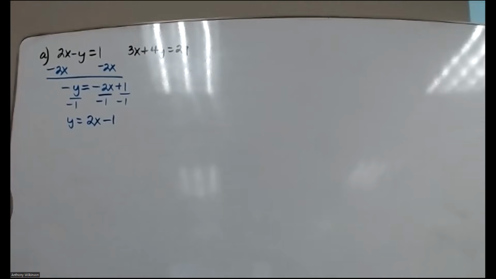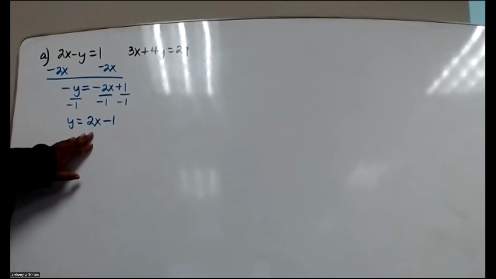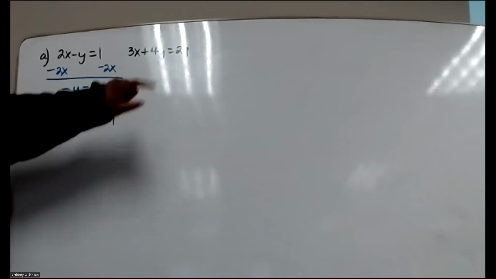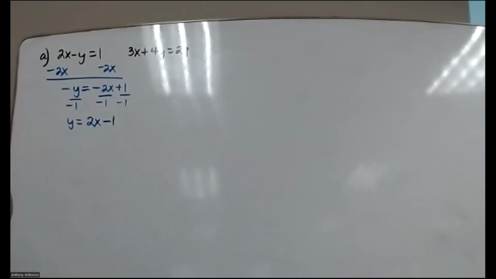Now this is where substitution comes in. Since y is equal to 2x minus 1, let's take that 2x minus 1 and substitute it for y in the other equation. That way I will have an equation in a single variable.